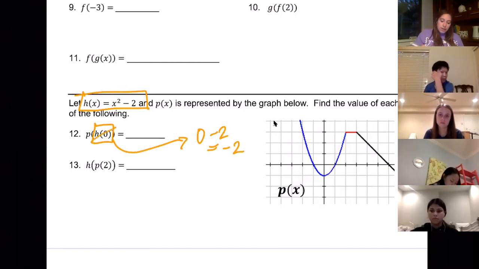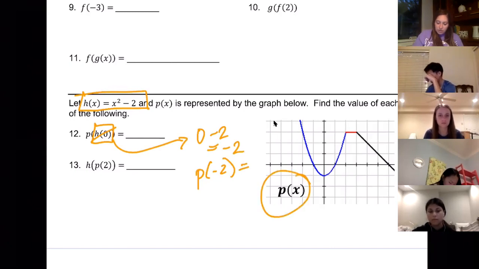So I'm going to replace h of 0 with negative 2. And then I'm going to go to my graph, which is p, and I need to go to negative 2. The ordered pair would be negative 2, comma 3. So my answer would be 3.